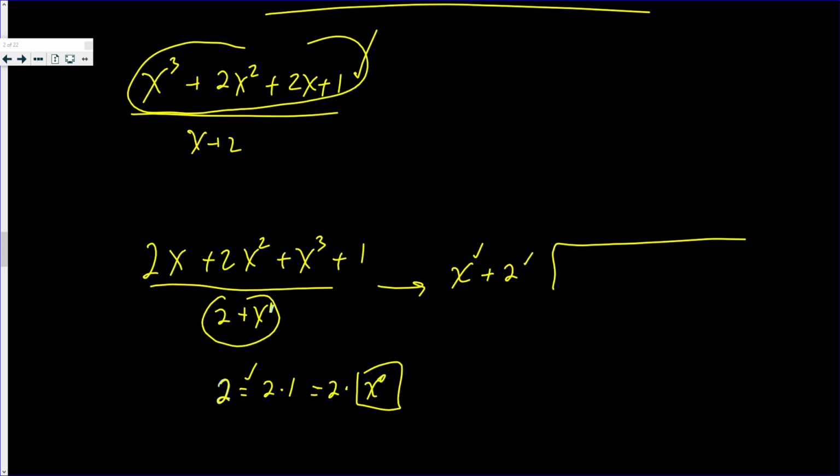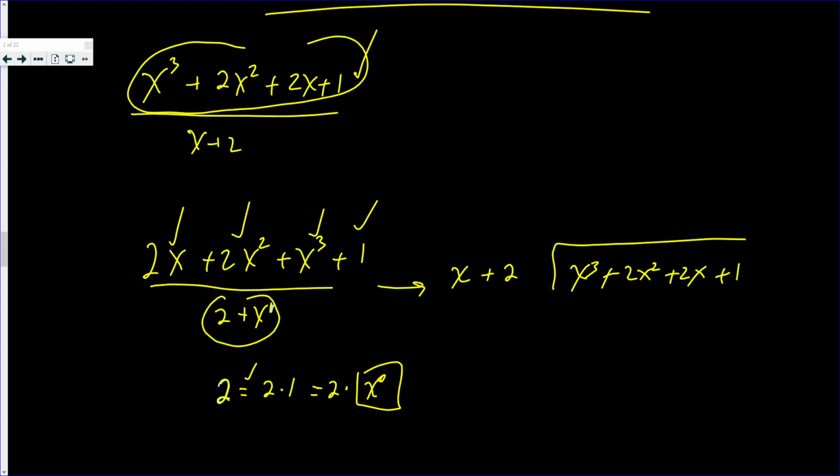We need to do the same for the top. x cubed plus 2x squared plus 2x plus 1. Okay. And then we can do this.